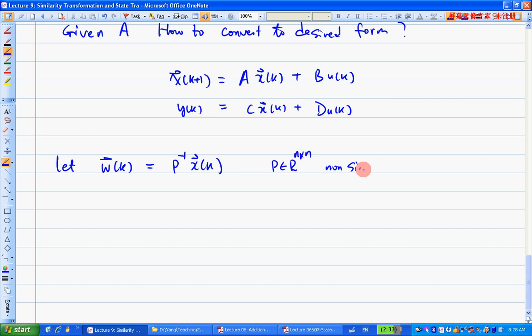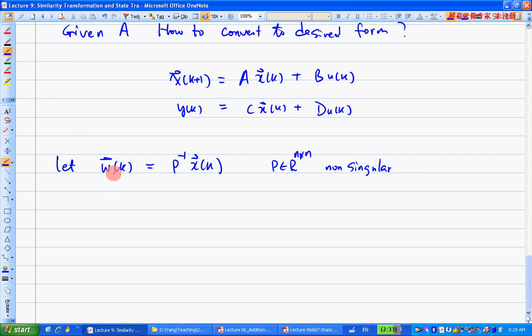It has this inverse. At this time, I don't know what the P is, but I can pick any P as a non-singular, invertible matrix, n by n. So WK equal to this. What's X of K? X of K is the state variable of the system, right?